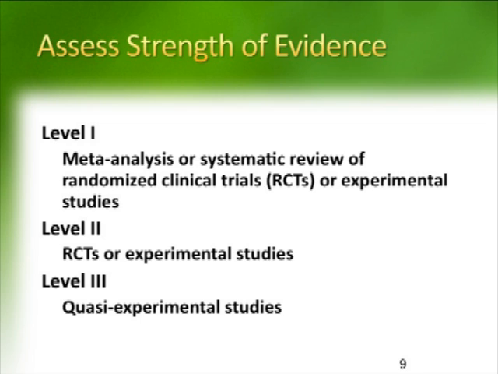Level 2 are single randomized clinical trials or experimental studies, and we're going to learn about those in this class. Level 3 are quasi-experimental studies, which we're also going to learn about in this class.